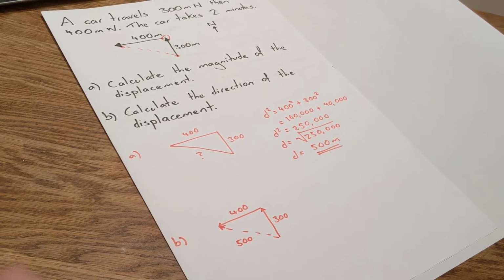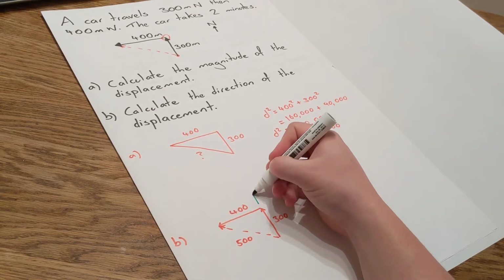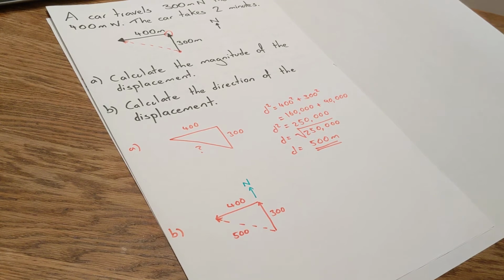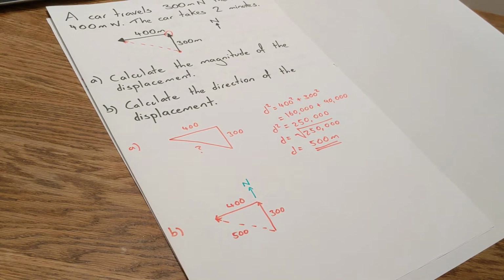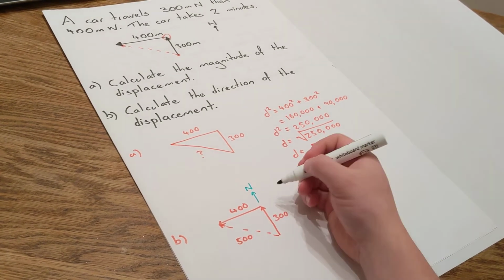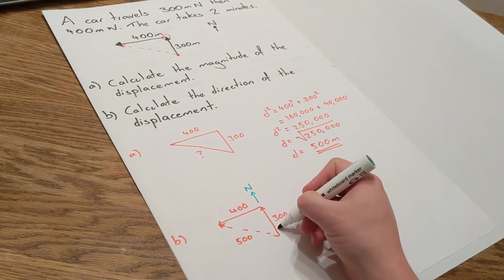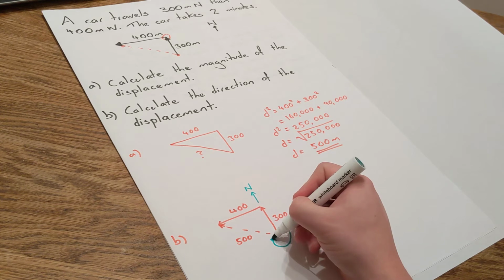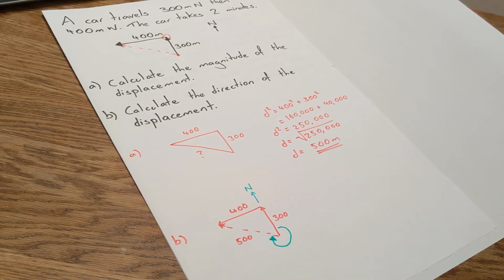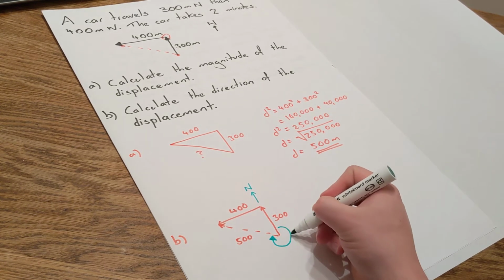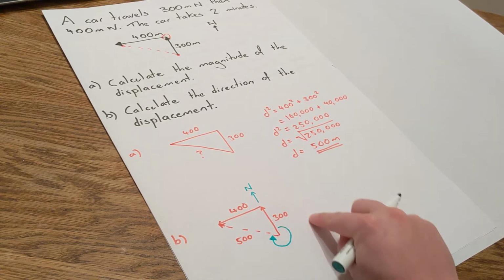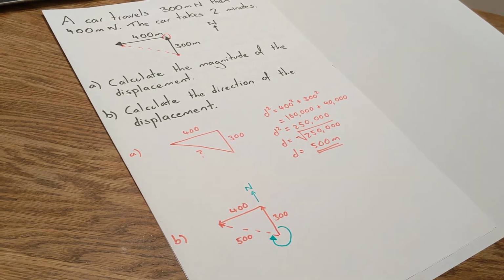Okay, now this is our north, and a bearing is measured directly from north. So the bearing for this direction comes round here, all the way round like that. And it's this amount here that is your direction, starting here at north and coming all the way around.